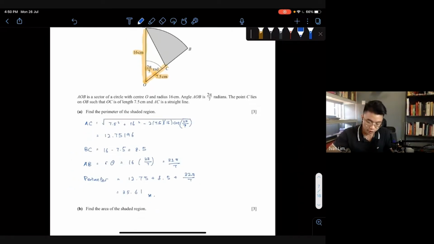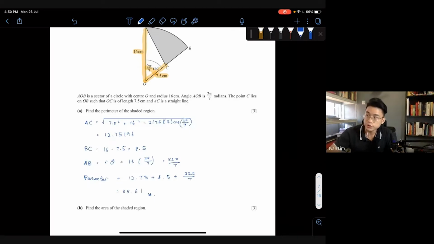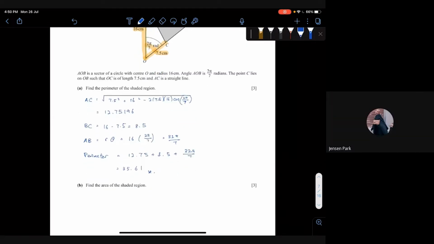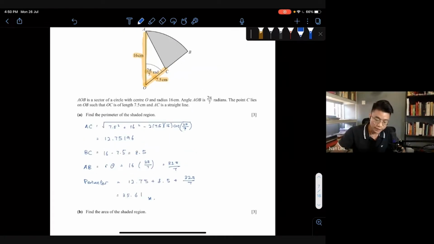Okay, let's see. Area of the shaded region is half r squared theta minus half AB sine theta. So we take the entire sector, that means your entire pizza AOB, minus the triangle.